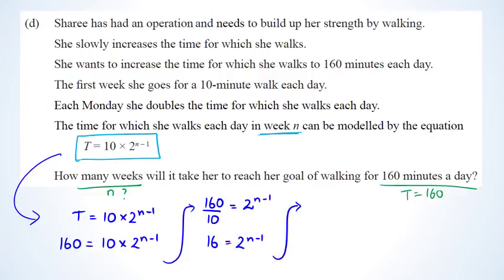Now 16 can be written as 2 to the power of 4, so we have 2 to the power of 4 equals 2 to the power of n minus 1. Because the bases are equal, the 4 and the n minus 1 should equal each other. So we get 4 equals n minus 1, and n is equal to 5.